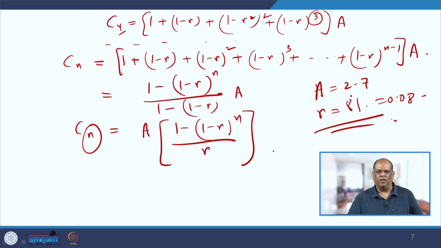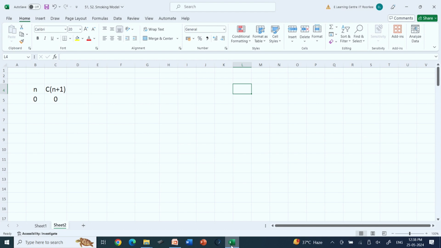Now, let us check this solution numerically. So, we will be using Microsoft Excel. I already have it open. The value of R is 0.08 and the value of A is 2.7.